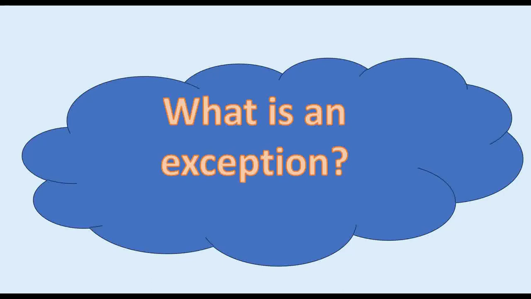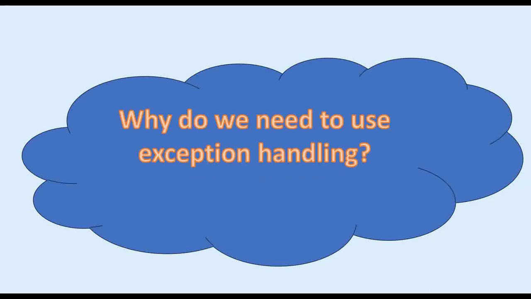What is an exception? It is a problem that occurs during the execution of a program. If it is not handled, it might disrupt the program from normal execution. So why do we need to handle exceptions very carefully?